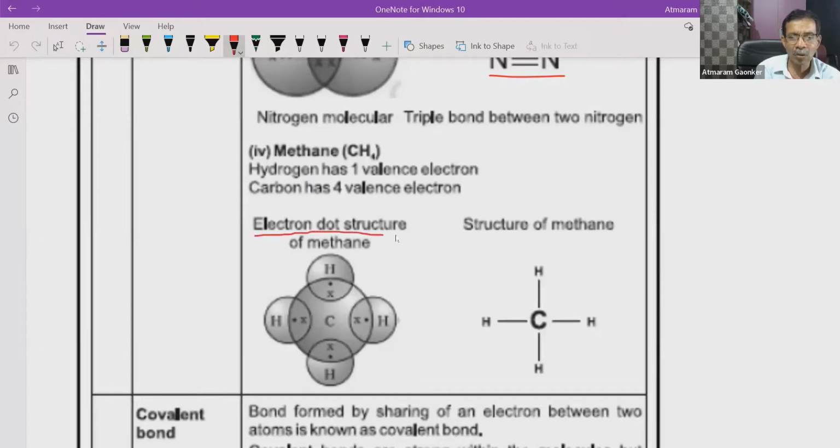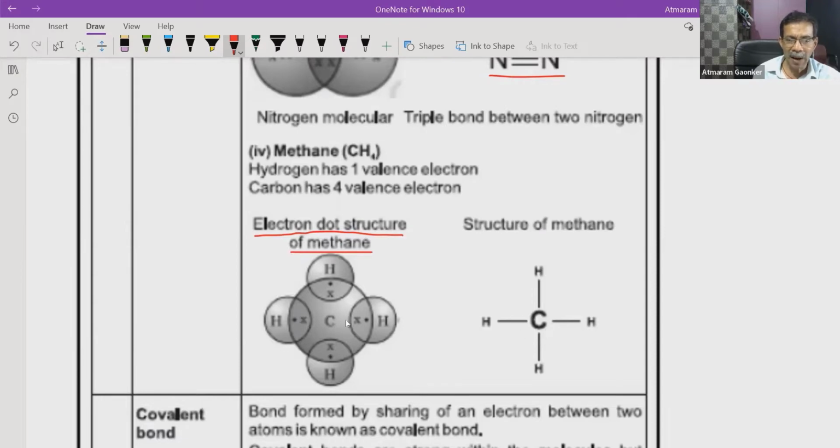Sometimes you will be asked to draw the electron dot structure. Then you will have to draw this diagram where electron sharing by carbon is denoted by X, and hydrogen sharing each electron is denoted by a dot. So this is the electron dot structure of methane, because you see 4 electrons, one from each hydrogen, are shared with each electron of carbon, and so there are 4 bonds formed, separate bonds.